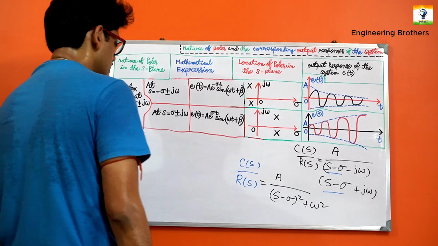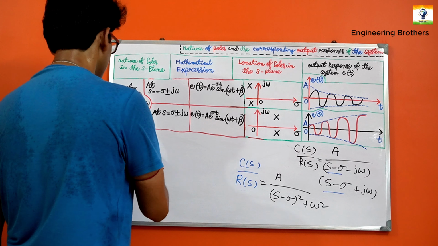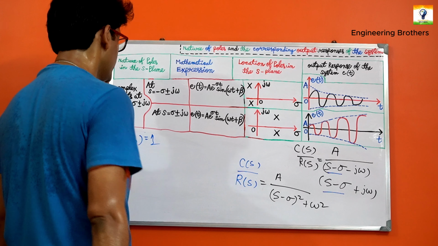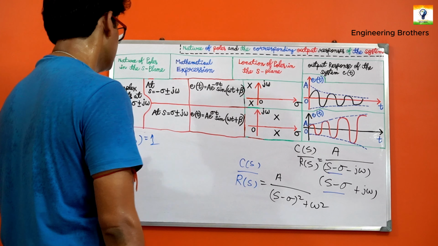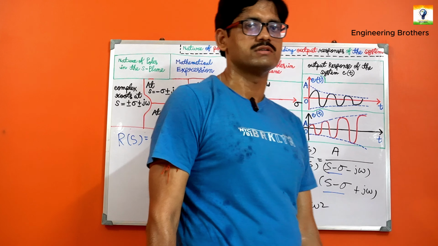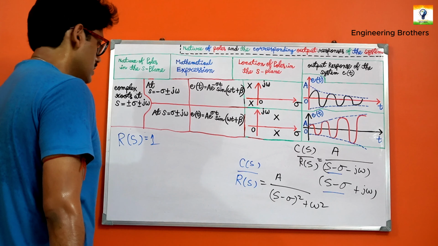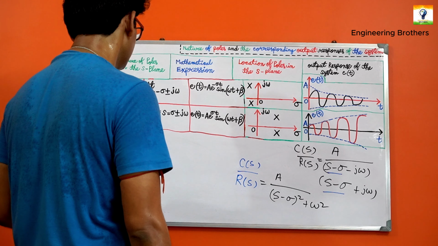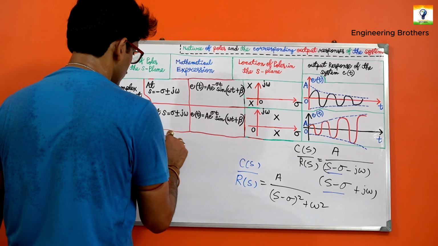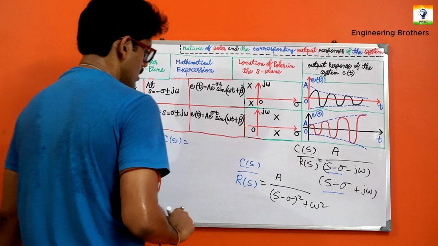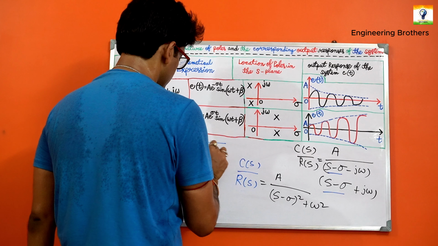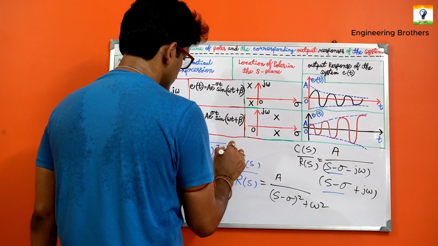In the next stage we consider that R(s) will be 1. Why? Because we have taken the input for our given system to be an impulse input. For that we have R(s) equal to 1, and if we put that in, we have C(s) equal to A divided by s minus sigma squared plus omega squared.